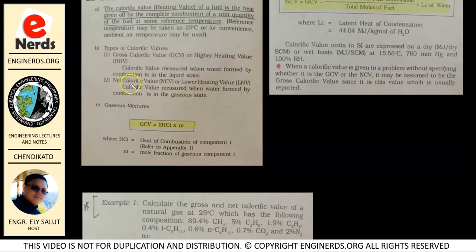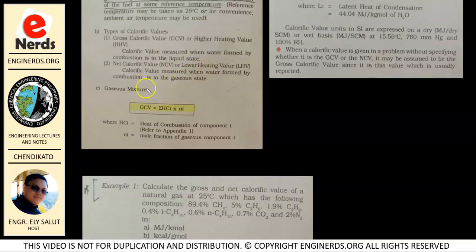While the net calorific value is the calorific value measured when the water formed by the combustion is in gaseous state. Okay? So they differ depending on whether the water formed is in liquid or gaseous state.